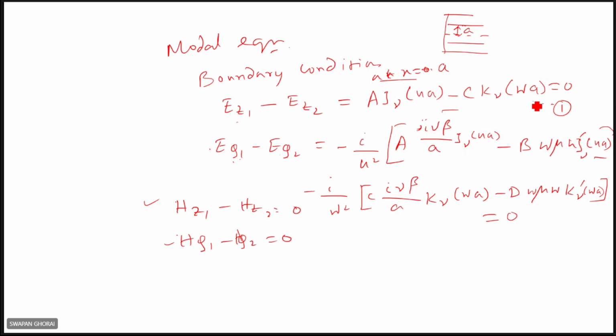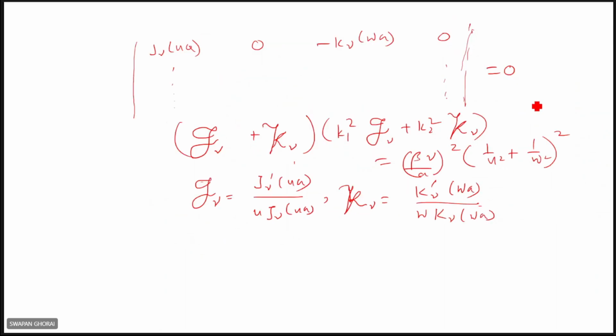That's why you see in this matrix these two entries, and B is absent and D is absent, so they are 0. Similarly, from the four equations you can get all the coefficients. If you write them, you'll get this matrix. When you put the determinant of this matrix equal to 0, you'll get these equations.